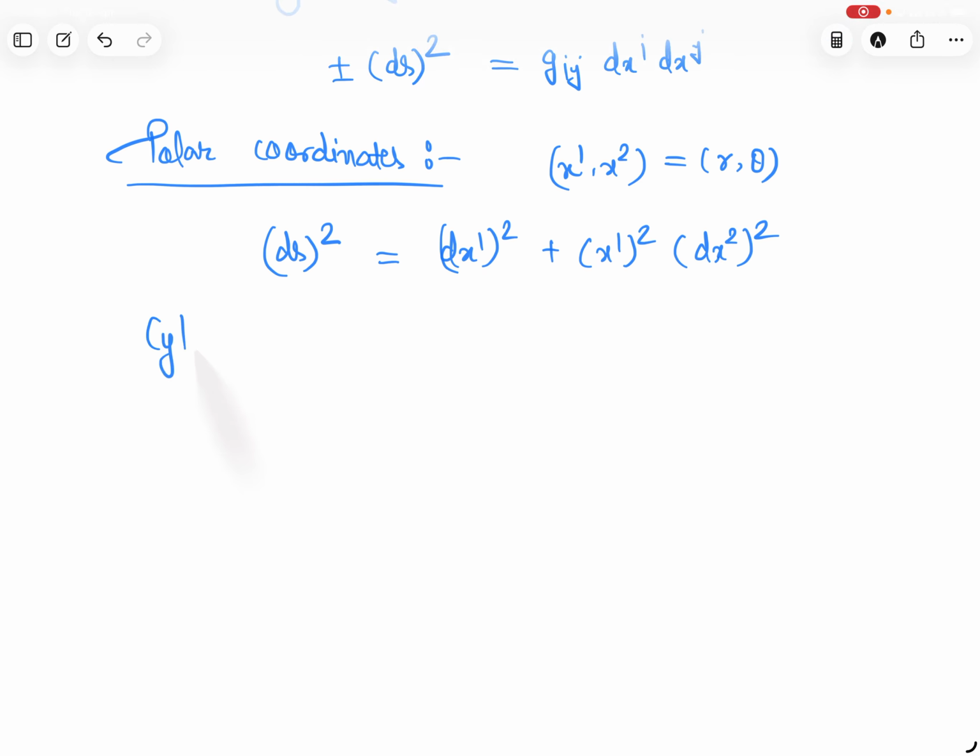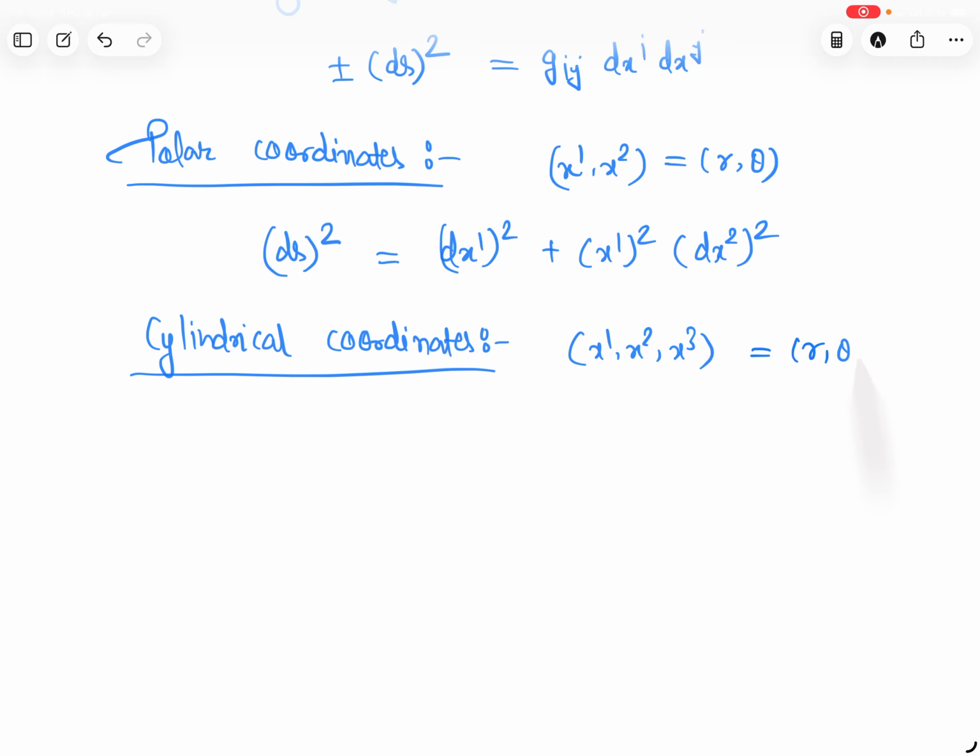Cylindrical coordinates. What is the cylindrical coordinate? x1, x2, x3 are r, theta and z.